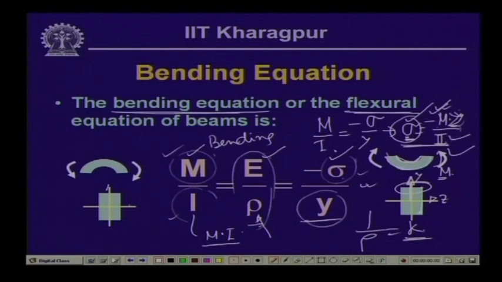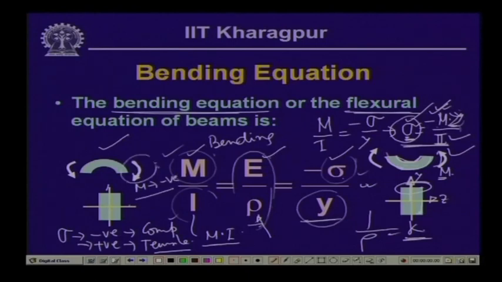So, when we get sigma as negative, we call that compressive stress, and when we get sigma as positive, we call that tensile stress. This can be verified with this configuration, where the moment is negative, M is negative, because it is in the opposite direction to what we have assumed as positive.